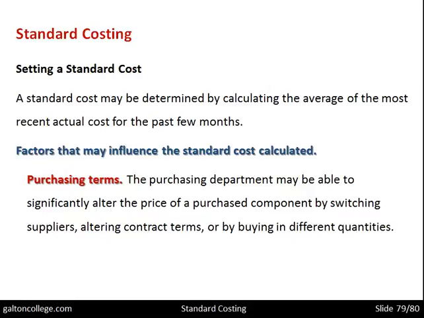Again, the accountant must be kept informed and understand what's happening in terms of costings of raw materials or components or semi-finished goods that are bought in, so that they can enter those costings into their standard costings for the product that the company is making. So all of these factors must be borne in mind by the accountant when setting standard costs.